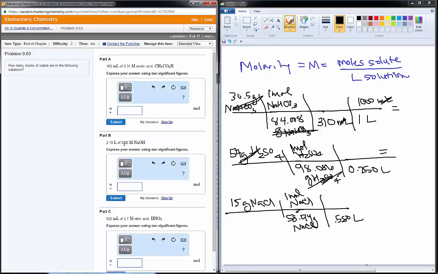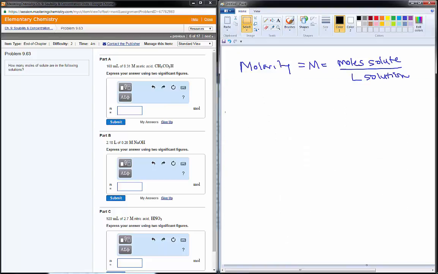Now these ones are going backwards. If I'm given molarity and I'm given volume, can I calculate moles? Well, yes, if I remember that molarity is moles per liter, I can use this to solve for moles. And I could either go forward or backward, but I'm going to go backward.